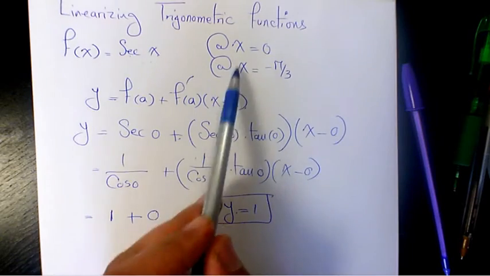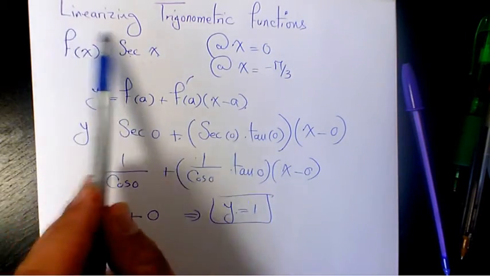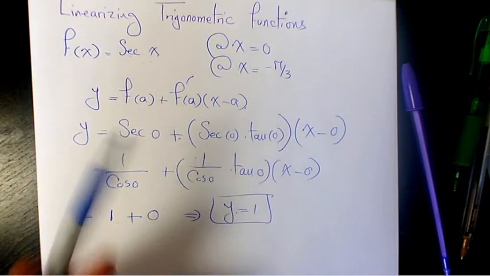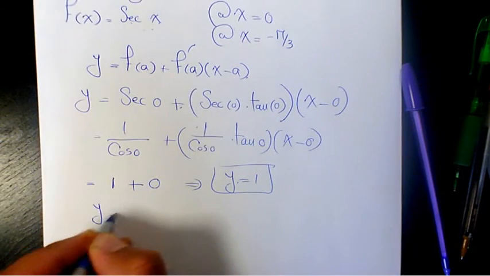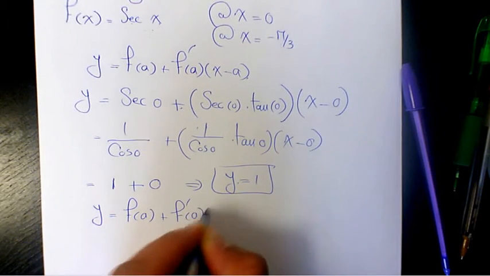Now let's do it on the second point. Although we are dealing with the same function, since we are dealing with another point, we're going to have a different approximation. So again, we can say y equals f of a plus f prime of a times x minus a.